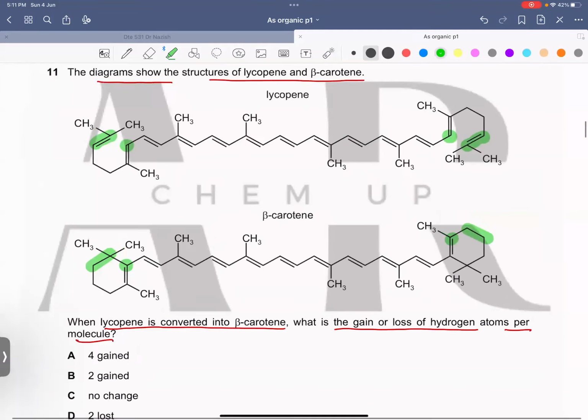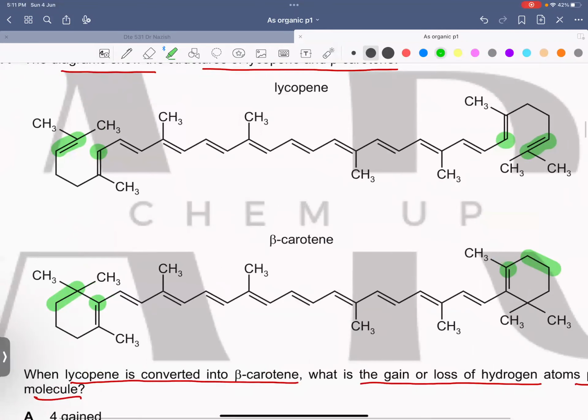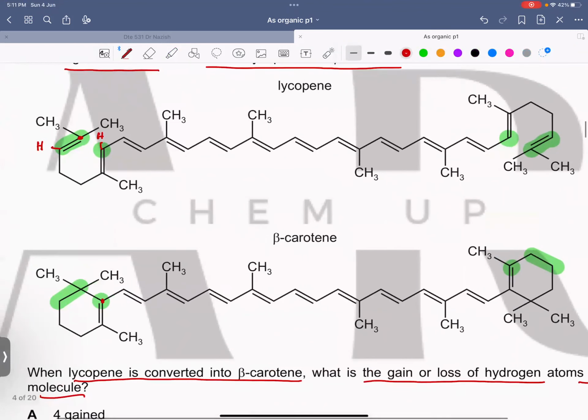Now, look over here. Oh, sorry. There is 1 hydrogen over here. And on this carbon, there is no hydrogen. And here, if you see, there is 1 hydrogen. If you look here, there is no hydrogen now because there are all 4 bonds. In the same way, there is no hydrogen. But if you look here, there are 2 hydrogens.